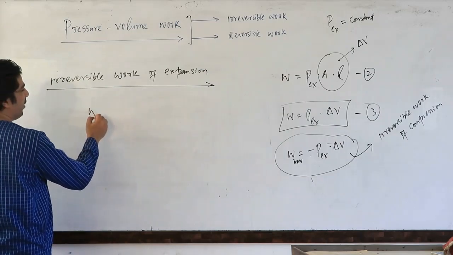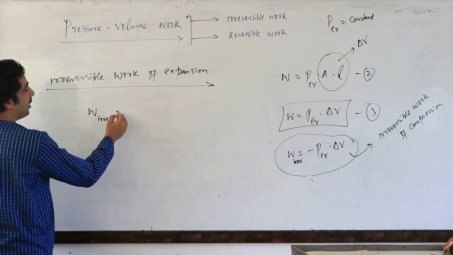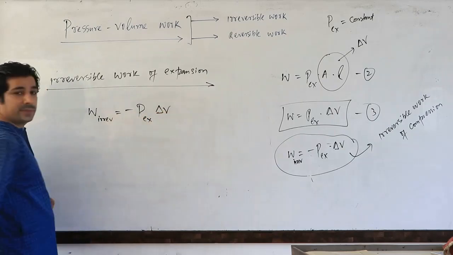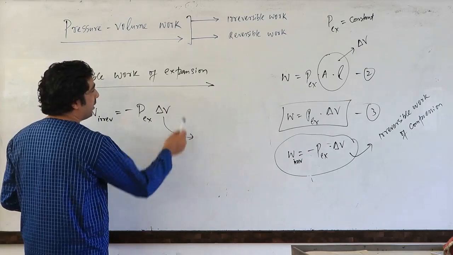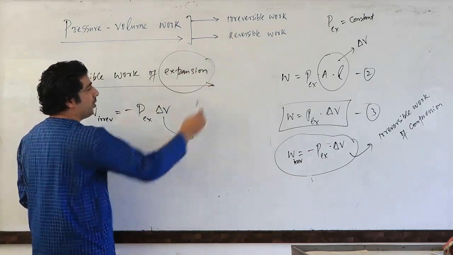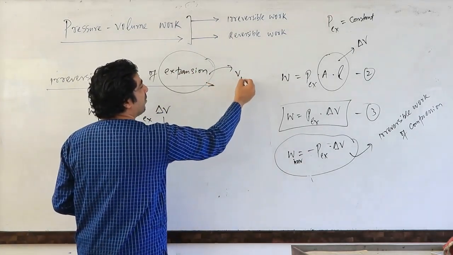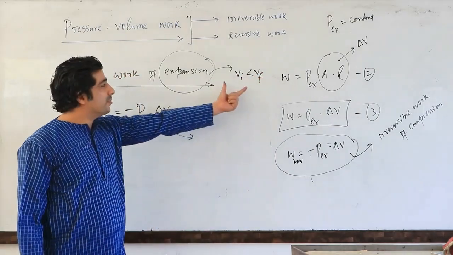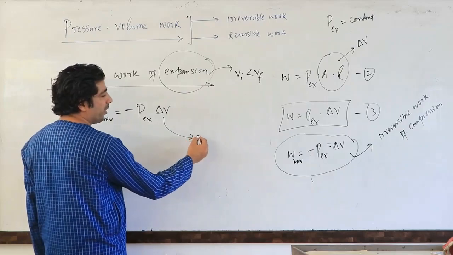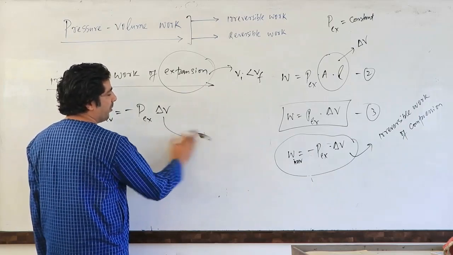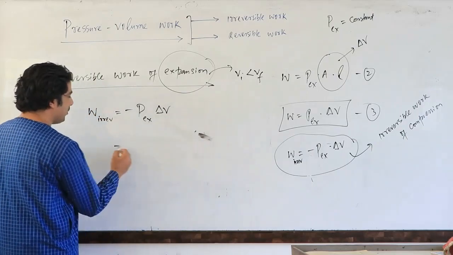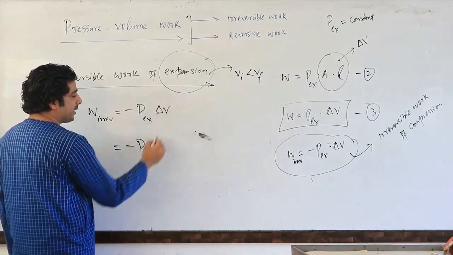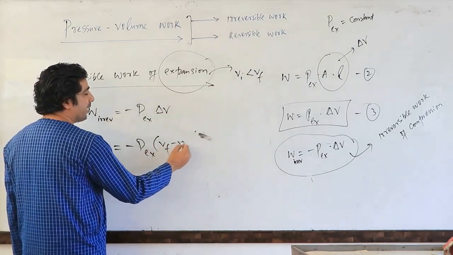Now look here, we will have work irreversible equal to minus P external delta V. But remember, in case of expansion, the initial volume will be less than the final volume. The final volume will be greater here. So delta V can be written as Vf minus Vi.